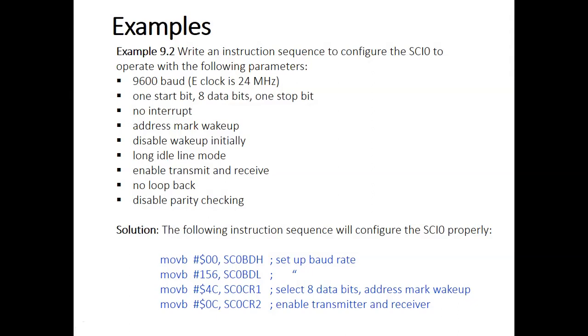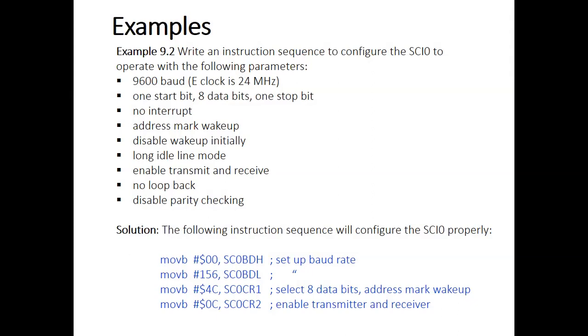So waking up the receiver is through address mark wake up, not idle line wake up. We did not cover this in detail, but we said that waking up the receiver, or bringing the attention of the receiver that it is the one addressed by the transmitter and supposed to receive the data, can be done by having the receiver monitor the line, and whenever it changes state from idle to active, it switches to active and starts receiving the data.